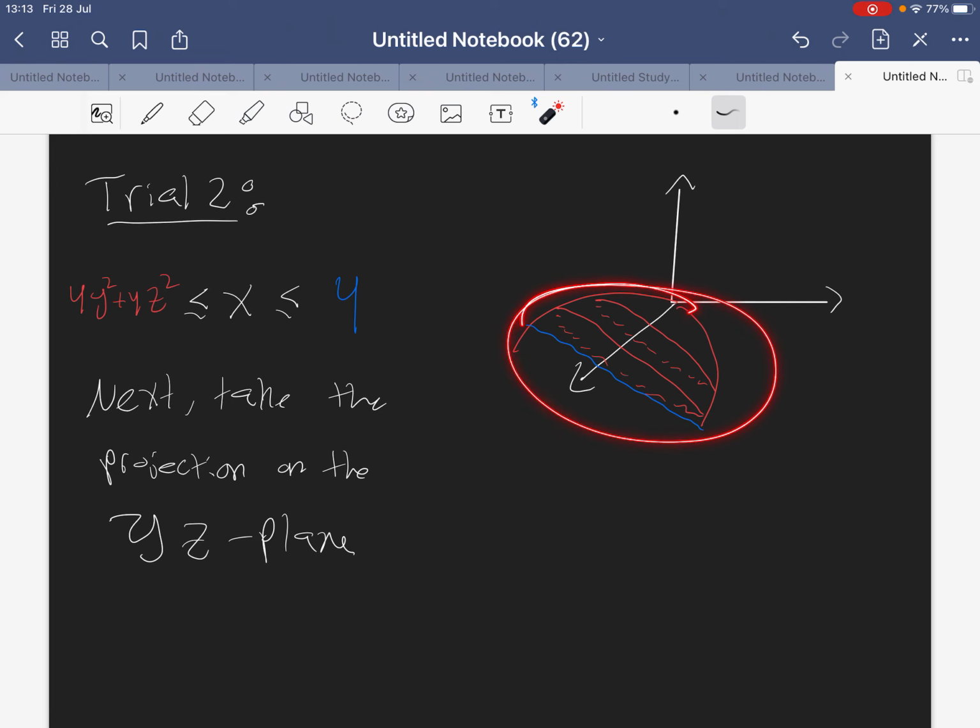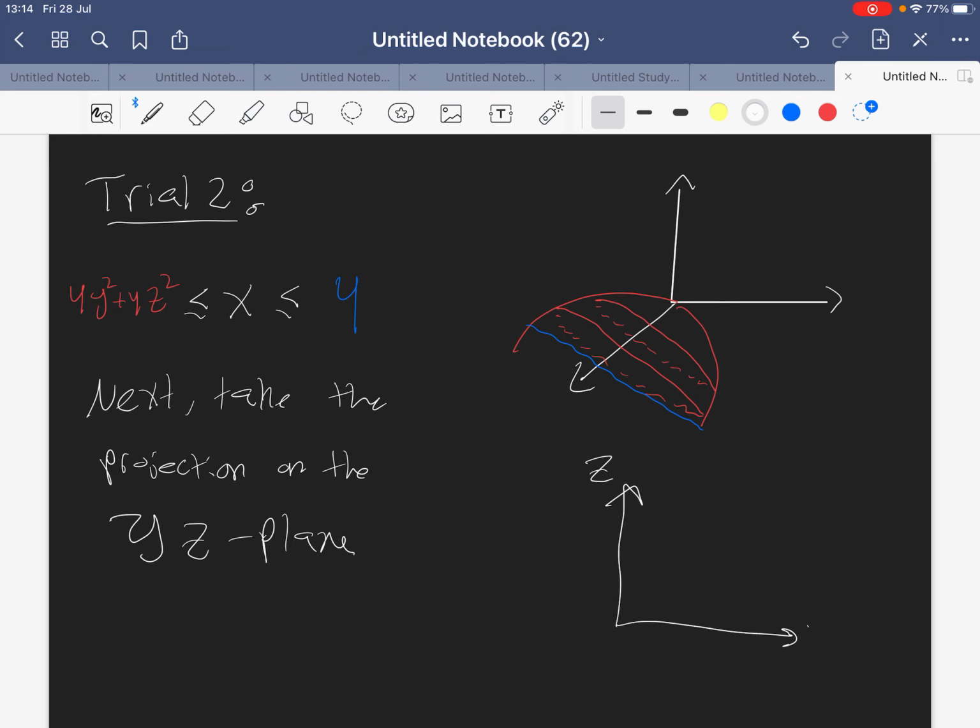So you take this solid here and try to see what will be the image if you smash it to the YZ plane. And that will be exactly, if I'm not mistaken here, this is Z, this is Y. It will be just a circle. The circle, which is 4y squared plus 4z squared equal to 4. Just a blue circle. That's the projection.